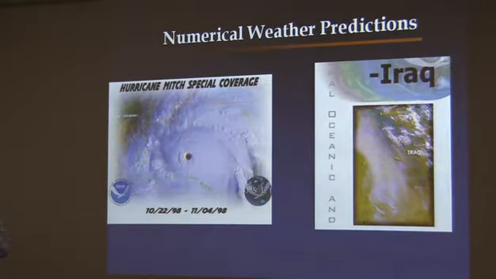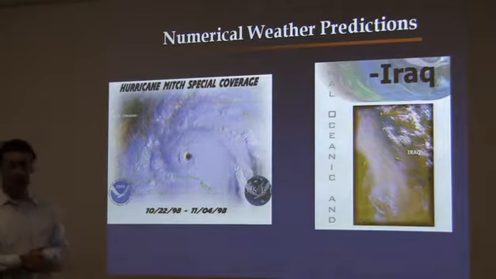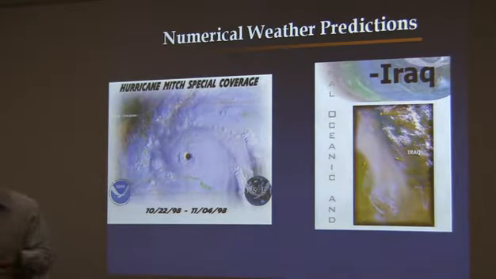Numerical weather prediction answers a different question. The question that it answers is, is it going to rain tomorrow? If you want to know the answer to that question, that's numerical weather prediction, how hot it's going to be, and it has tremendous importance, not only for the prediction of hurricanes, but also for the production of energy.